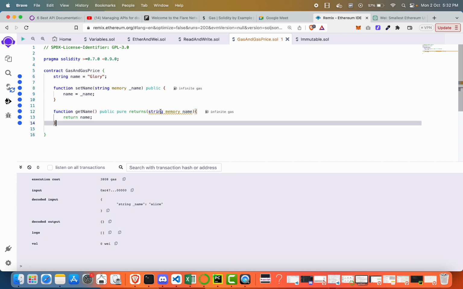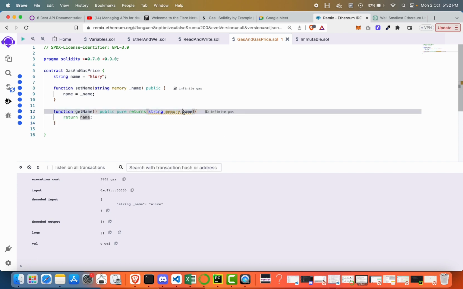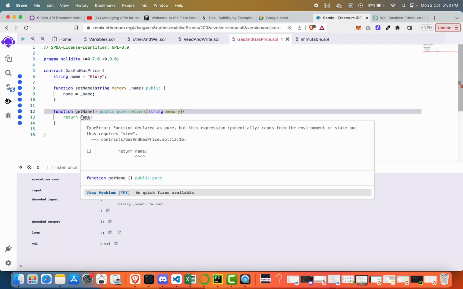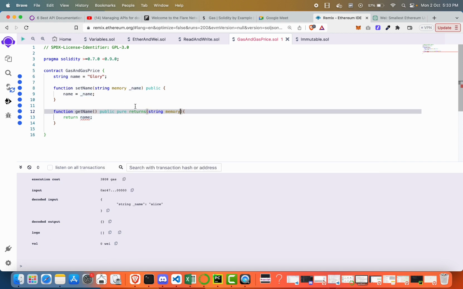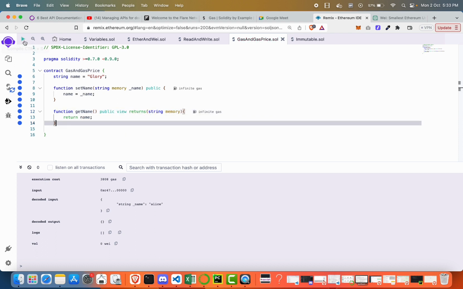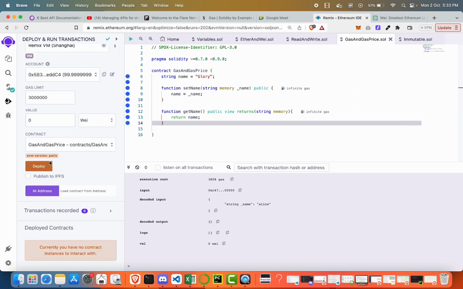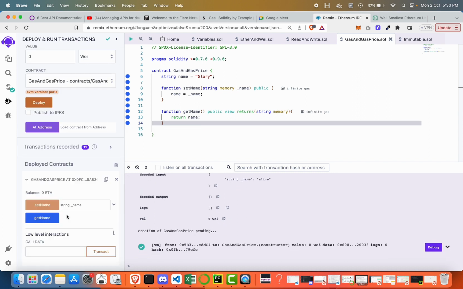Okay, yeah. So let's see. All right, yeah, we have this. So let me run this, and then we go over to this section with deploy.